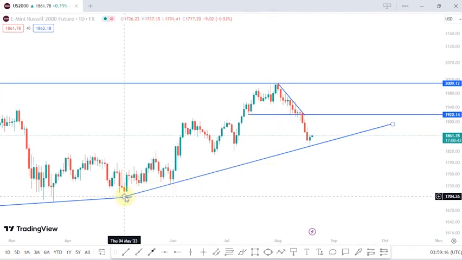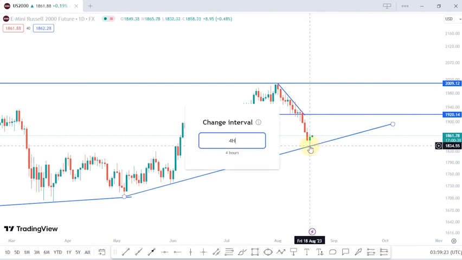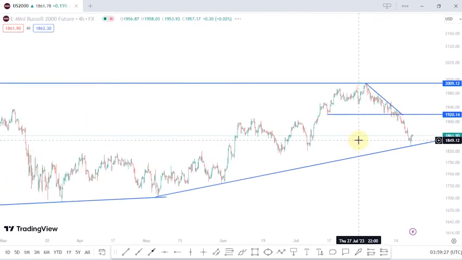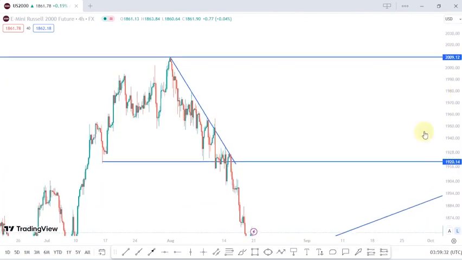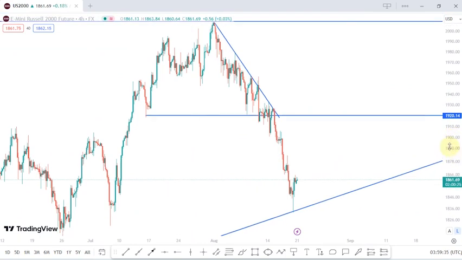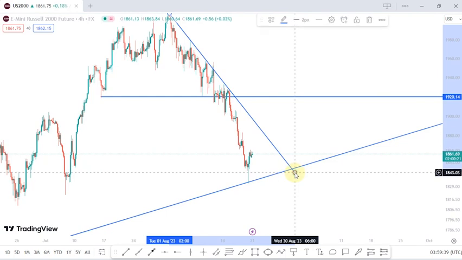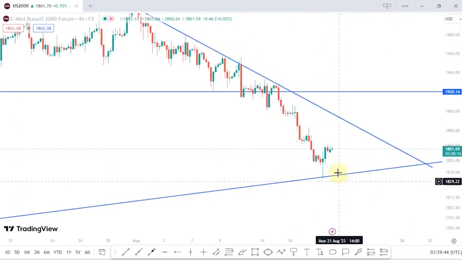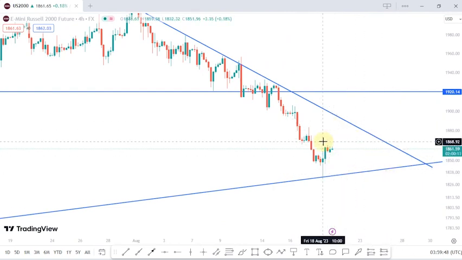You can see that price is currently on an uptrend. So go down to the next lower time frame. So US2000 needs to fill up this space before we know the next direction to go.